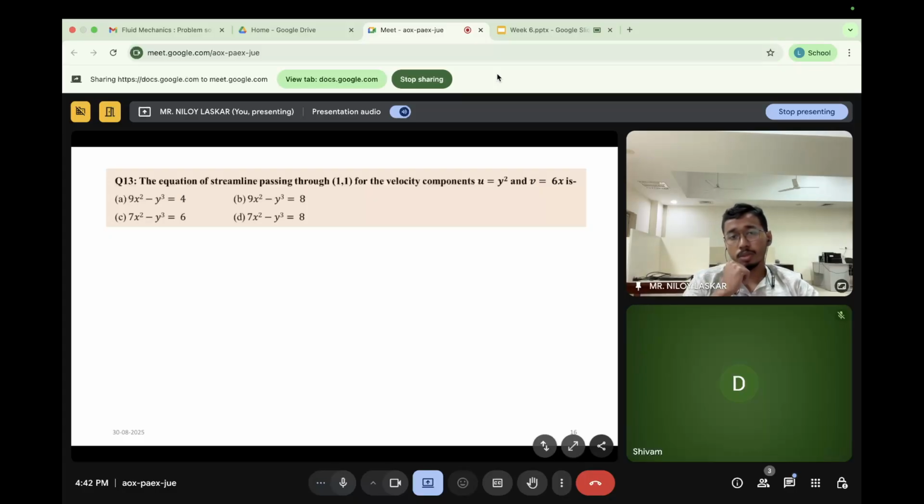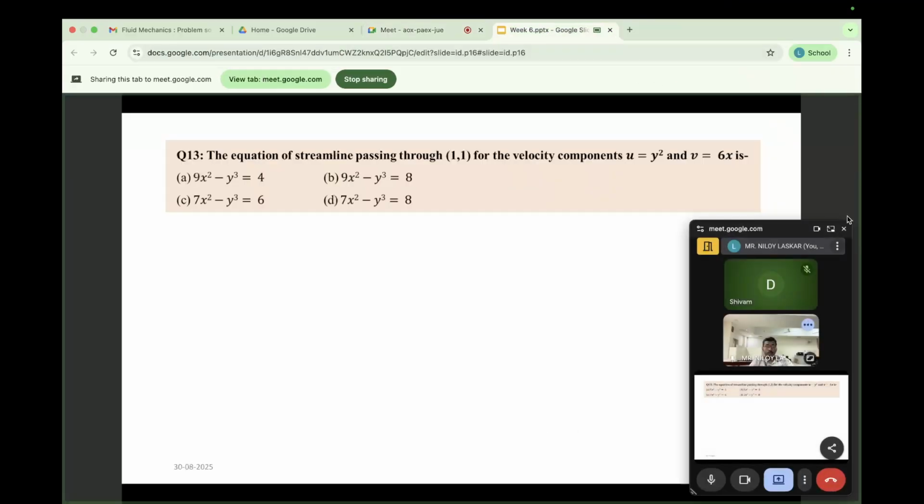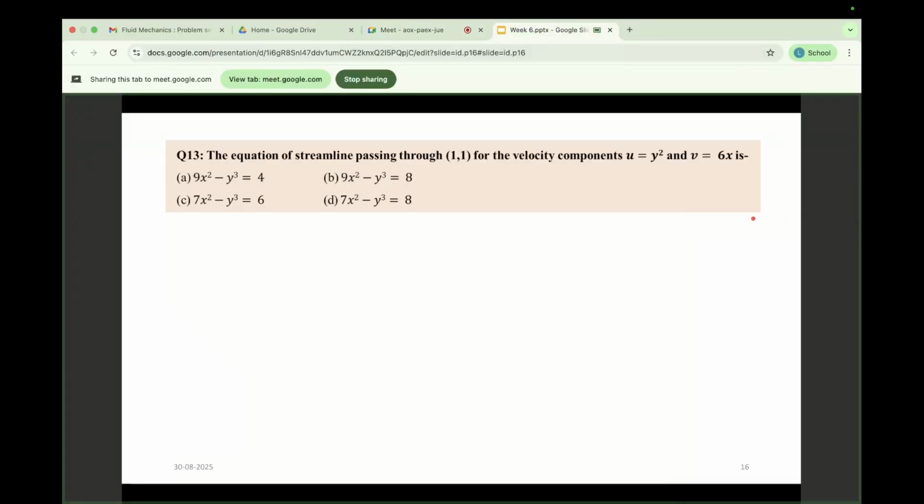So Shivam, this one is option B. Okay, let us check whether it is correct or not. So u is given, v is given. First our objective is to find the path of the streamline.